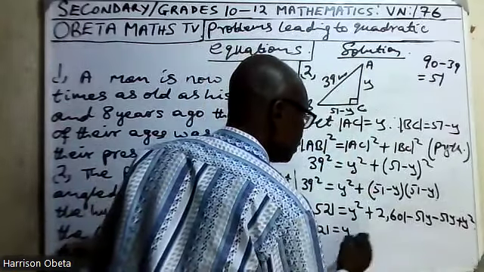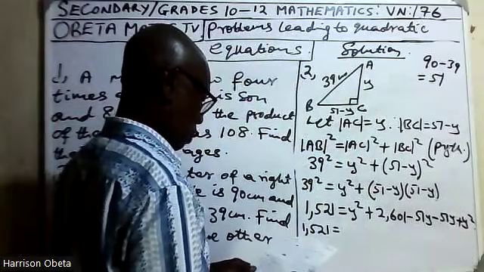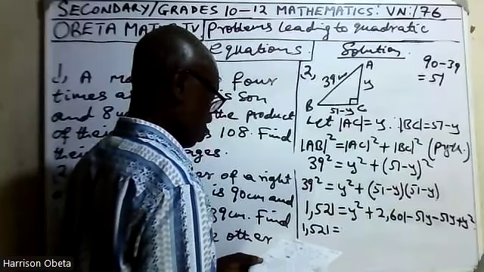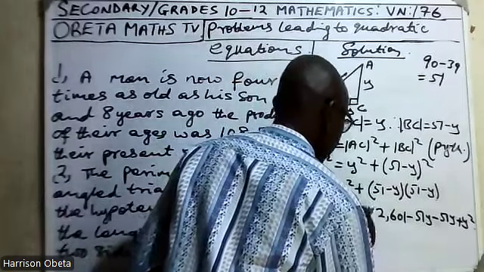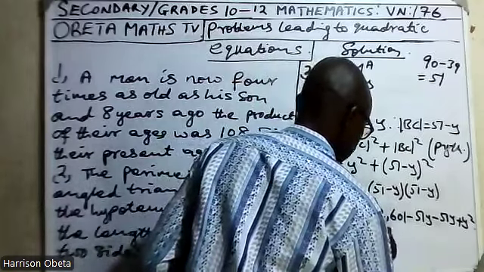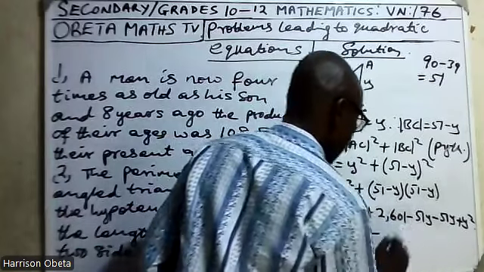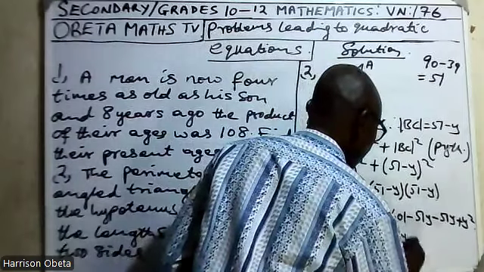1,521 equal to y squared, or you bring them together, that will give us 2y squared. That is y squared plus y squared. Then minus, bring this together, 102y.